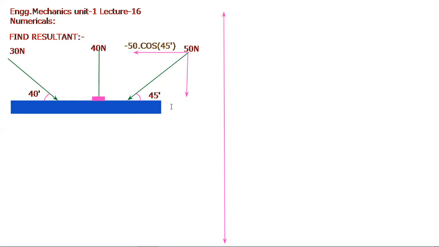Next one is minus 50 sine of 45 degree. Okay, so in this manner we have split this 50 Newton force into two components. One is parallel to x-axis, one is perpendicular to x-axis.